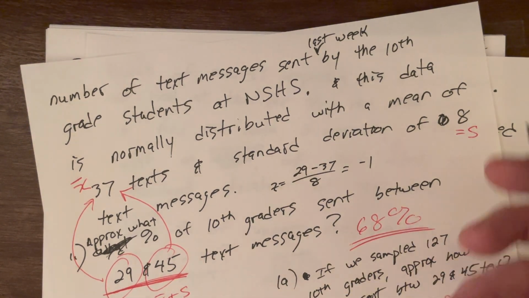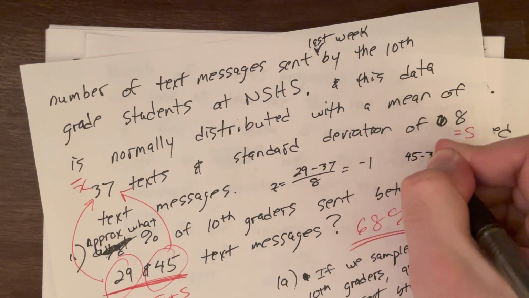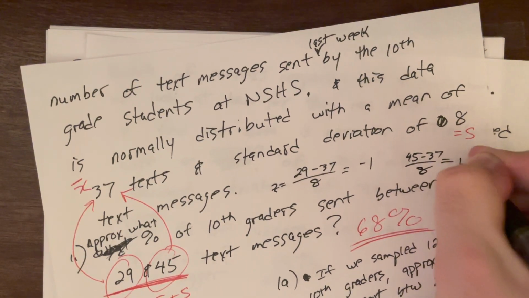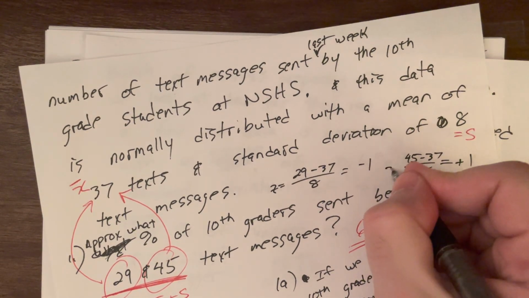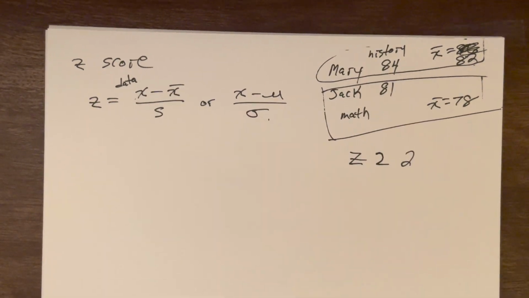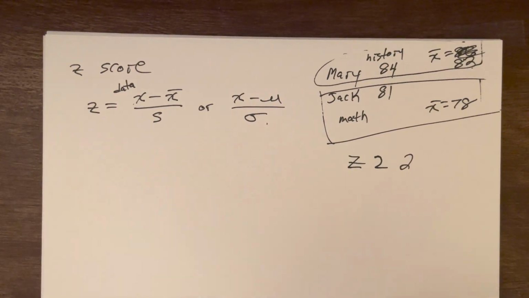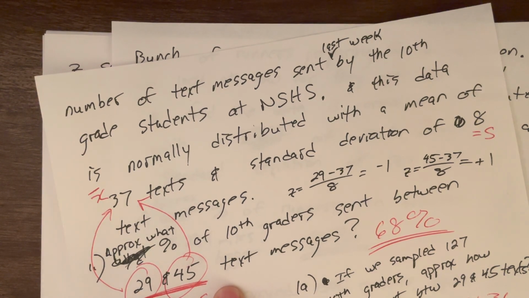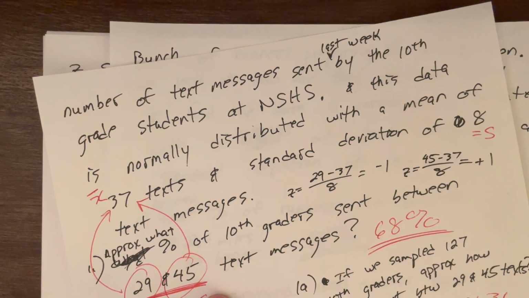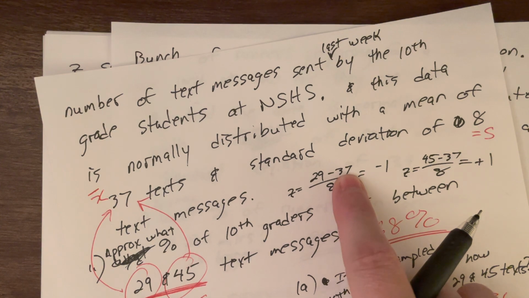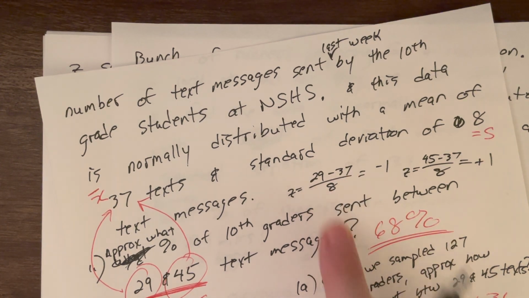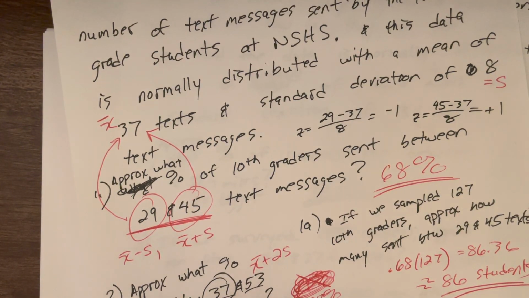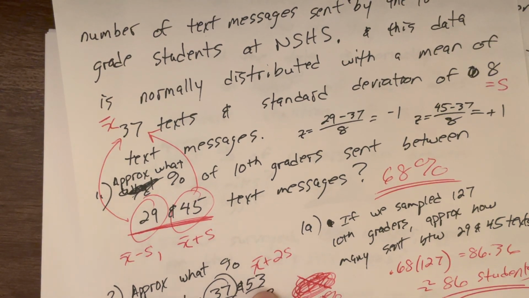If you do that same thing with 45, you get positive 1. So again, the z-score feels so similar to what we were doing here, but before we were doing it a little more blind, just subtracting the two and noticing the common 8. Or down here, noticing that 53 is 16 bigger than 37, and that's 2 standard deviations.